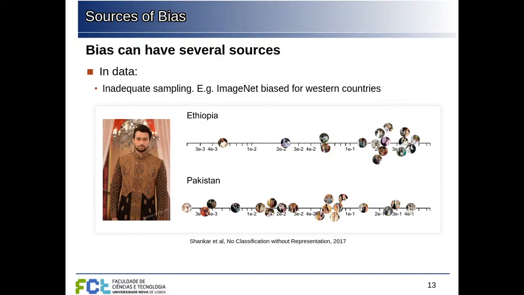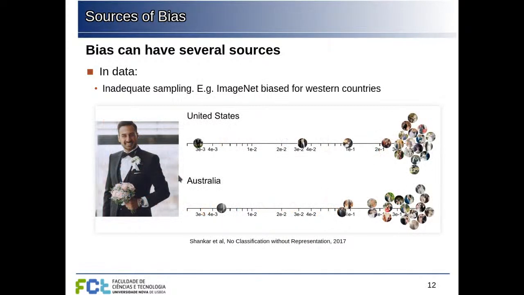This is the distribution of the probability of classifying this kind of photo as a bridegroom, and you see the distribution here with very low probabilities, because the network is not recognizing that this is a bridegroom, since the kind of clothing and the overall look is very different from what the network was trained on because of this bias for Western countries.